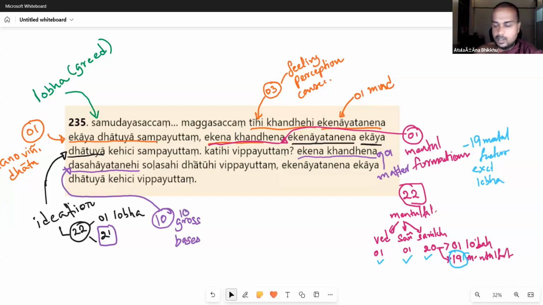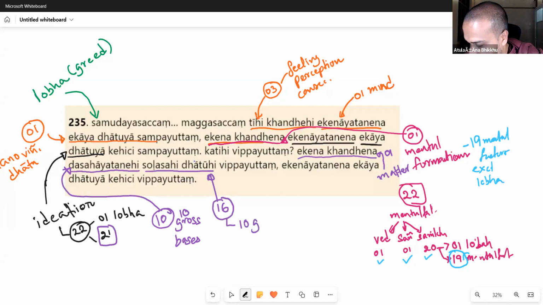And solasahi dhatuhi means there are 16 of them. Okay, so how to get these 16? The 10 gross elements, right? I'm sorry.